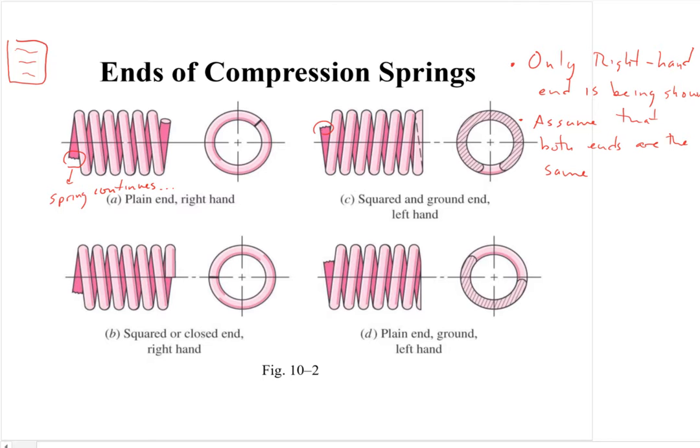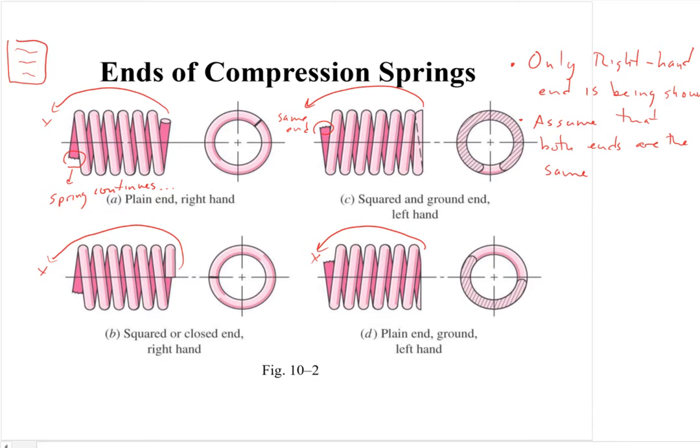Same thing here, it's a little broken edge. That means the spring is continuing, and that it would have this end over here. It would have the same end on this side. Same thing, this one would have the same end on this side, and likewise, same end on this side.